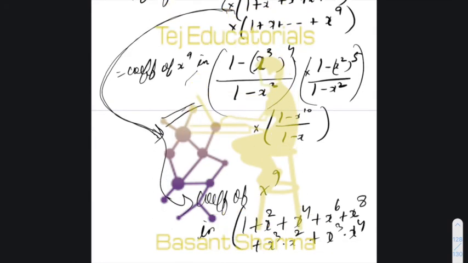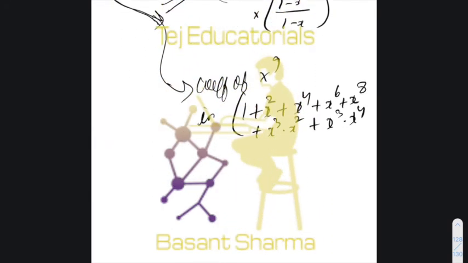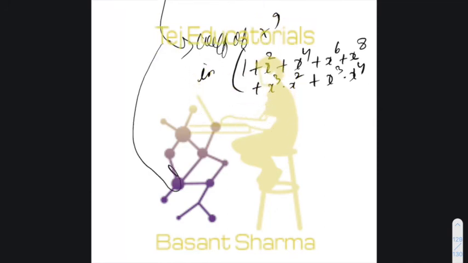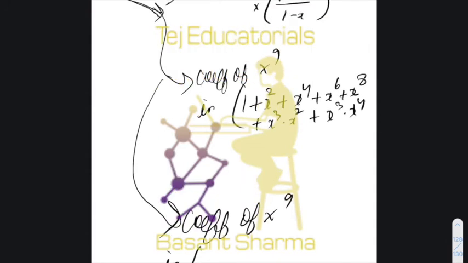Multiply these two, and again keep on neglecting the higher powers. Finally you will get the coefficient of x to the power 9 in (1 + x) into something.